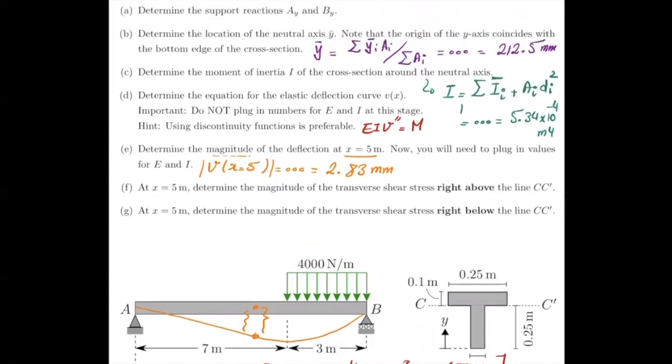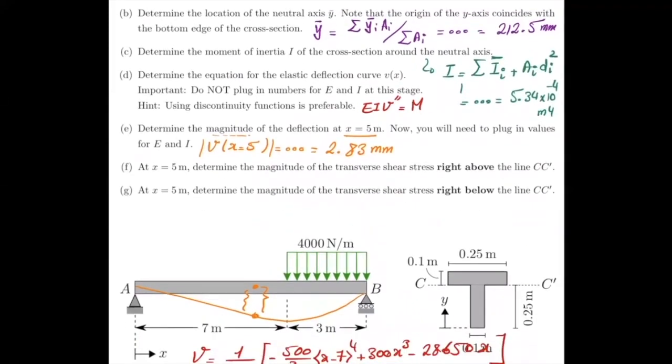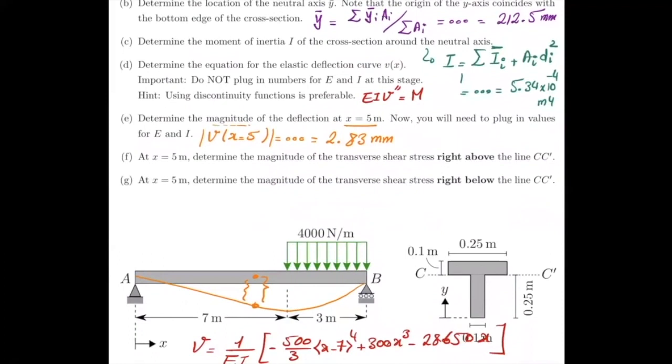Okay, so the next thing you want to do is to calculate the transverse shear. And I calculate transverse shear for parts F and G in one shot, basically. So the transverse shear formula is τ equals VQ over IT. Now, we have I already.